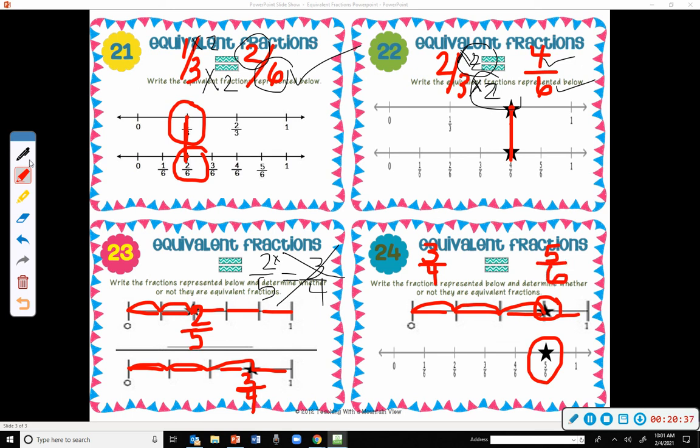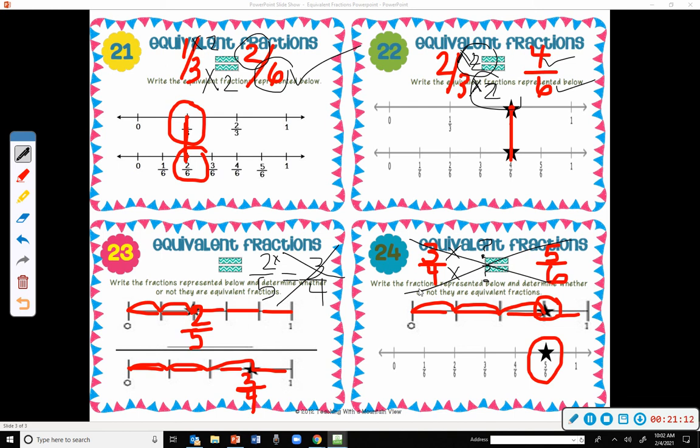So let's just double check. Does 3 times anything give me 5? Does 4 times anything give me 6? No. So they're not equal. Okay? So that's what equivalent fractions mean. They're equal. They represent the same amount. For number lines, those would probably be the only ones that would be a little bit tricky, right? You got to make sure that they're starting at the same point.